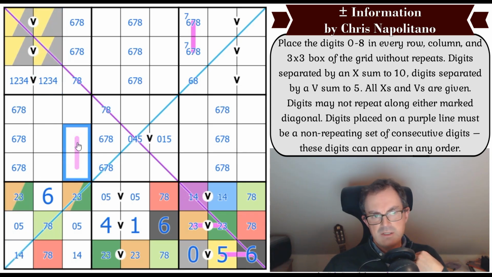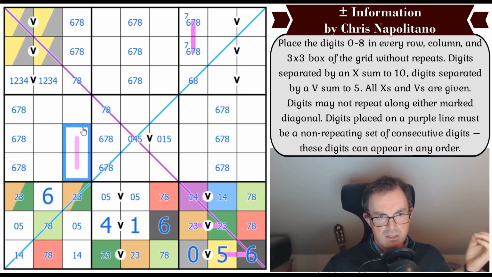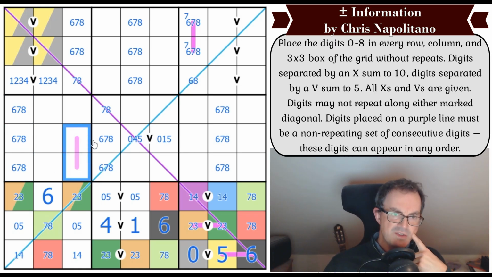This can't be a 2-3 pair, can it? Because that would require a V. These are consecutive digits. So what is this then? It's either 0, 1, 1, 2, 3, 4 or 4, 5.